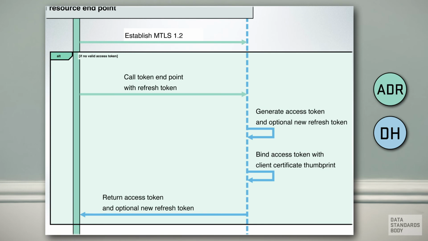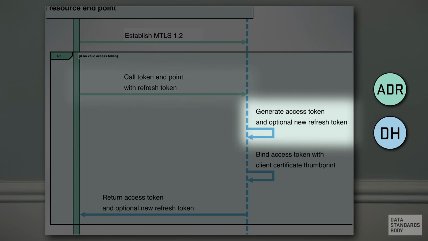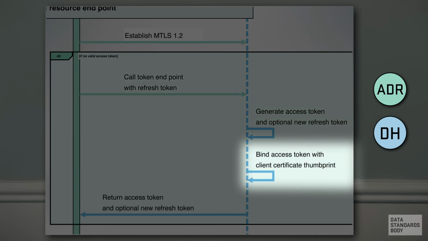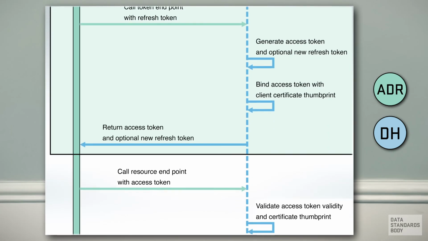If they have a valid access token, they don't need to do the next step. If they don't have a valid access token, they would call the token endpoint with their refresh token. The data holder would generate a new one, and if they're doing cycling, they'd create a new refresh token. They would bind the access token with client certificate thumbprint, and then they would return the access token and the refresh token if that's been recreated.